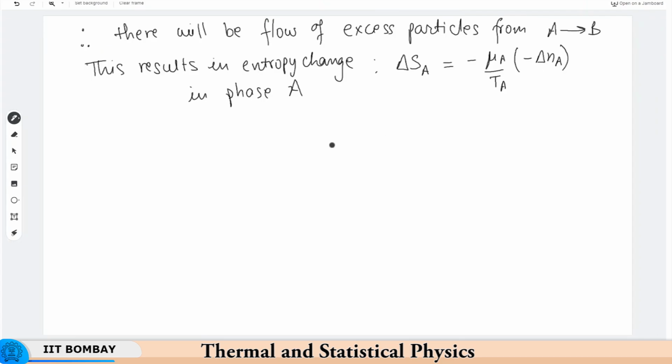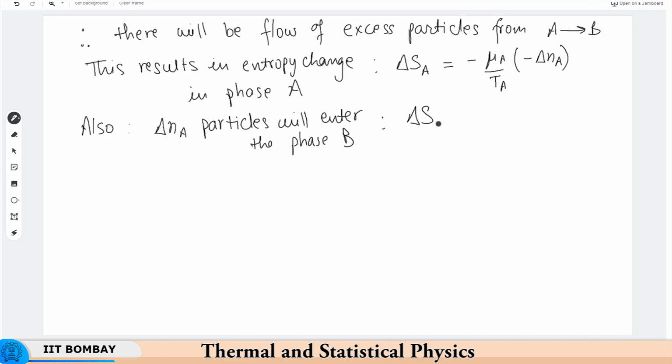And similarly, delta N A particles will enter phase B. Therefore, the associated change in entropy in phase B will be minus mu B divided by T B, and since it gains particles, there is a positive sign. Let us now assume that the system is already in thermal equilibrium as well as mechanical equilibrium.